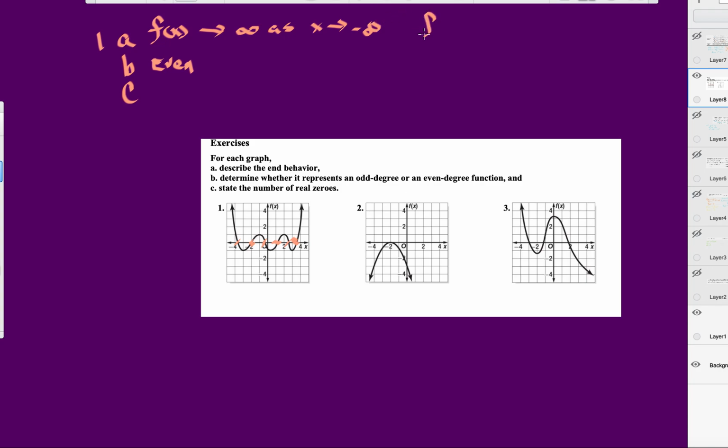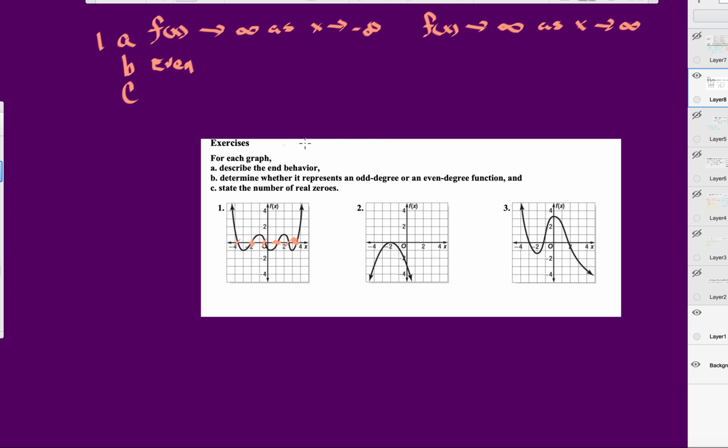And f of x approaches positive infinity as x approaches positive infinity. So this just says it goes up on both sides. Both ends go straight up, or not straight up, or up infinitely.